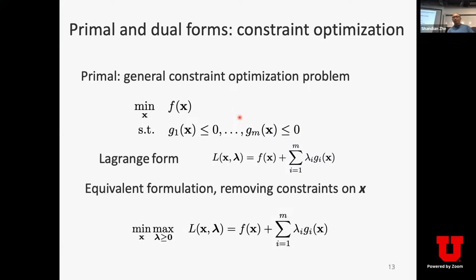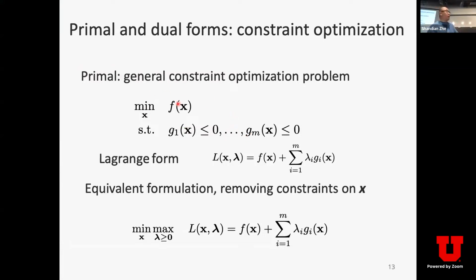So that's the framework. In the last lecture, we introduced that for any constraint optimization problem, we can write the objective function as f of x, and x must satisfy a set of constraints where each constraint can be represented by an inequality: the constraint function g1 of x less than or equal to 0, the second constraint function g2 of x less than or equal to 0, until the last constraint function gm of x less than or equal to 0.